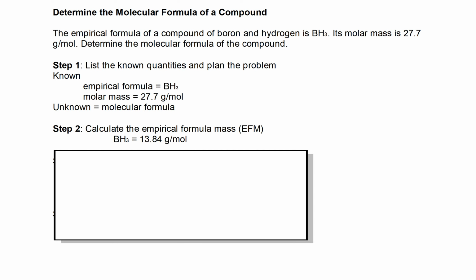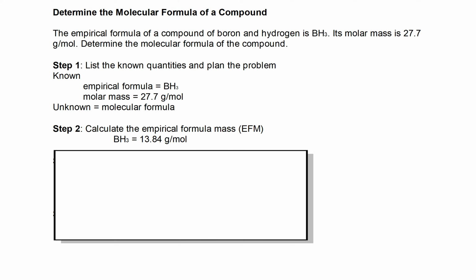Okay? So the first thing we're going to do is calculate the empirical formula mass. So we're going to find the mass of BH3. Okay? And so we look at the periodic table and we find the mass of boron, we find the mass of hydrogen, and it's 13.84. Okay?